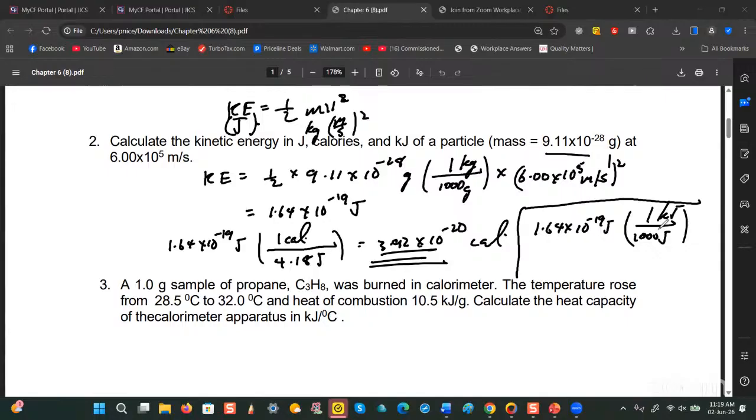So 1.64 times 10 to the minus 19 divided by 1,000. According to my calculation, that is equal to 1.64 times 10 to the minus 22 kilojoules. And that's how that is done.